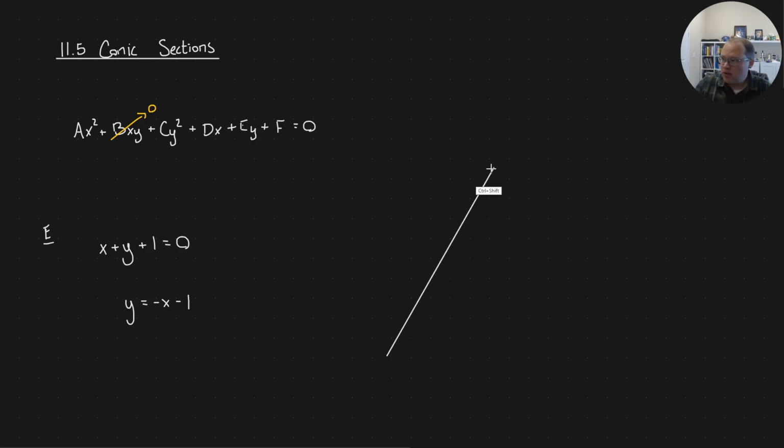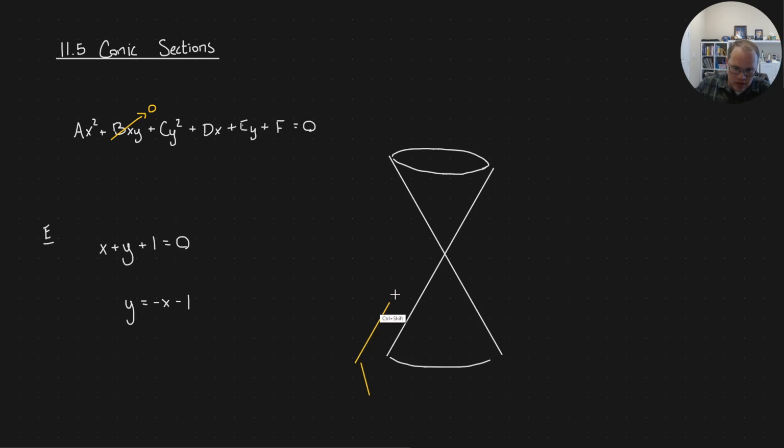If you take a look at that cone, and just have the plane intersect just this edge right here, you'd get a line. So lines are actually conic sections. We usually don't think of them that way, but they are, right?